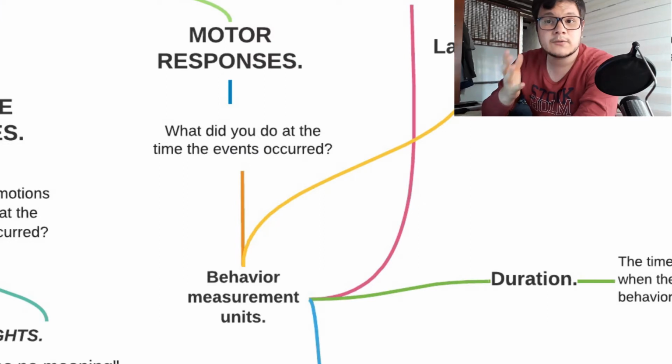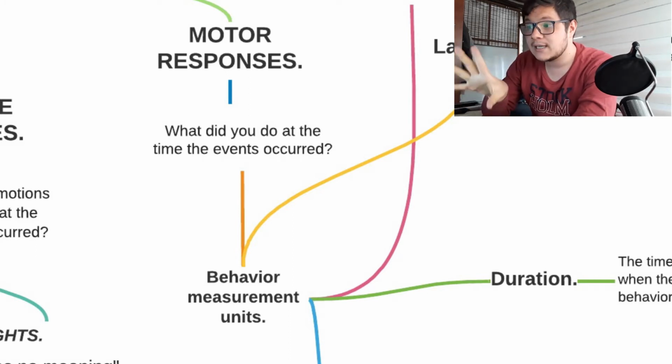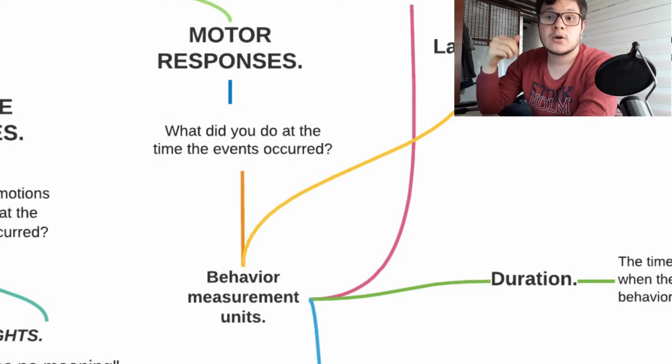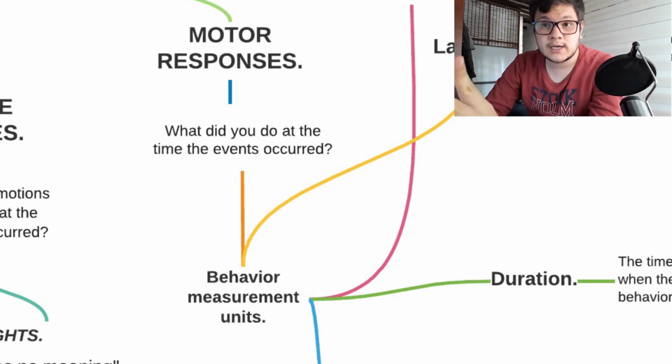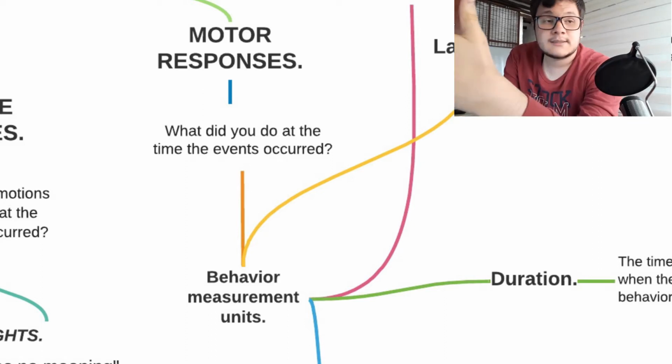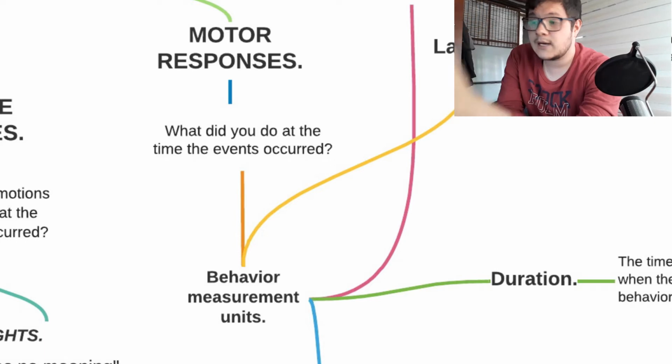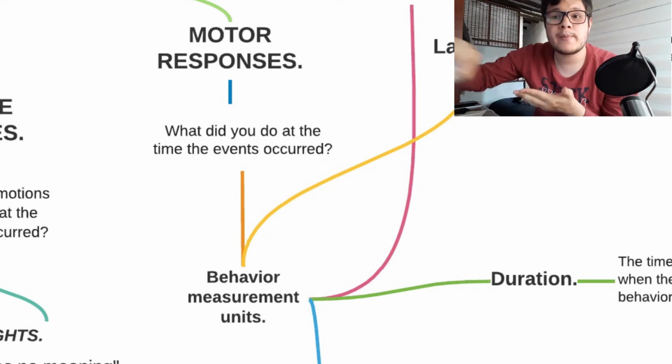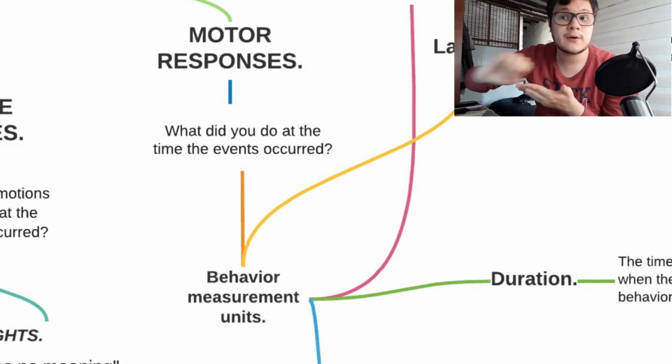Finally, in motor response, we have to ask this question: what did you do at the time the events occurred? But in motor response, we need to use two ways: the qualitative and the quantitative ways. The qualitative way is the way that describes the behavior in detail. Operationalizing.